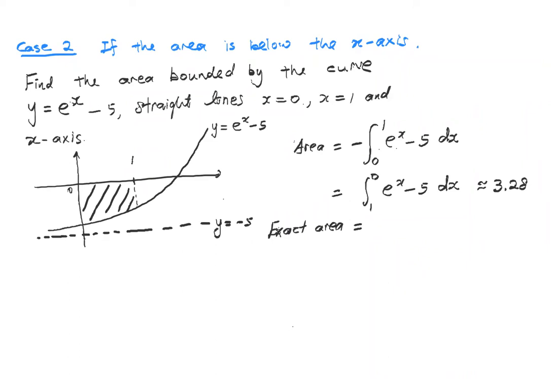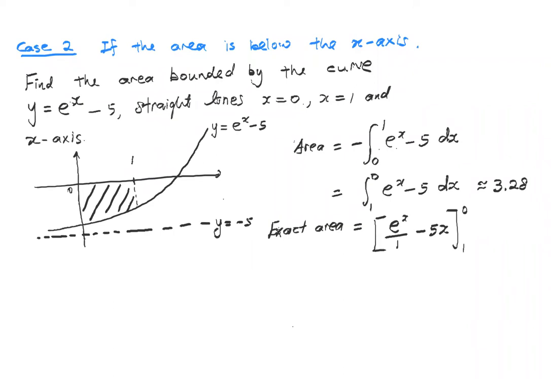Okay, when you integrate e to the power of x, you get e to the power x divided by 1. You integrate 5, it is 5 times x. From 0 to 1. Okay, whenever you involve an exponential term, even if it is 0, please substitute. Okay, don't assume.